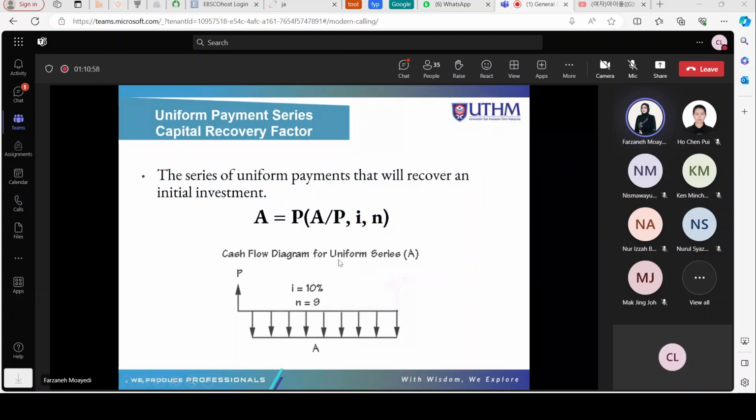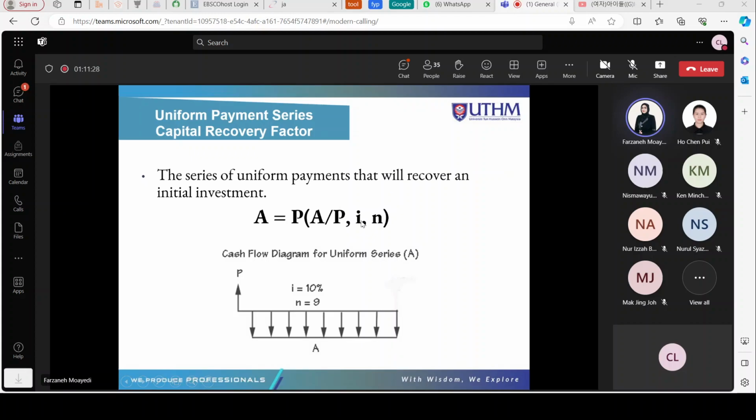One thing that I forgot to explain here, the most important thing, as I said, we can have a uniform series for both present value and for the future value as well. So the uniform series represented as A equal, so P is a present value, A/P means you're looking for the uniform series payment where you know how much you have right now.